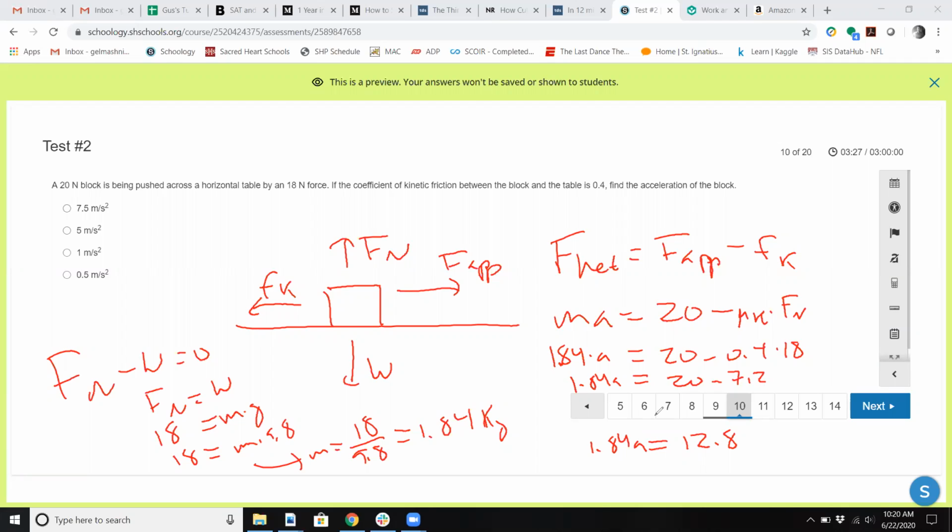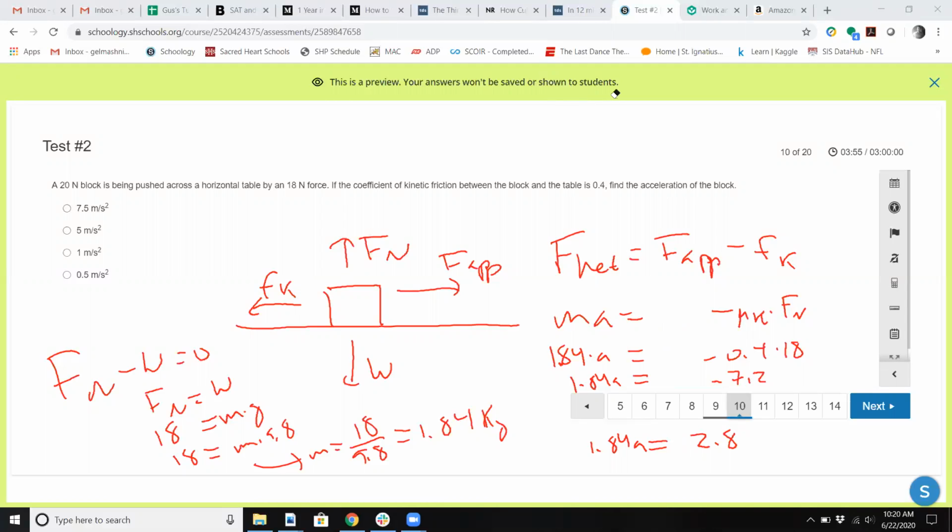Yeah, 12.8. Mr. Almashni, go ahead. Isn't the normal force 20 newtons? Oh, goodness. I am just off today. Yes, so, let's redo this. The applied force is 18. You know what?